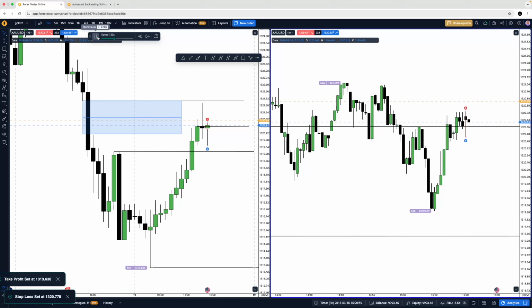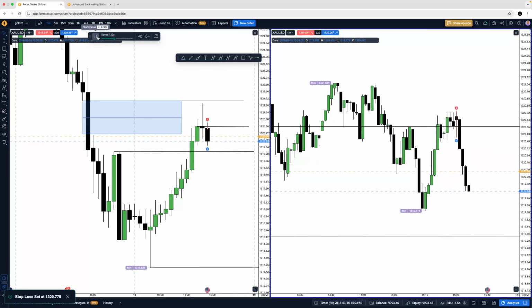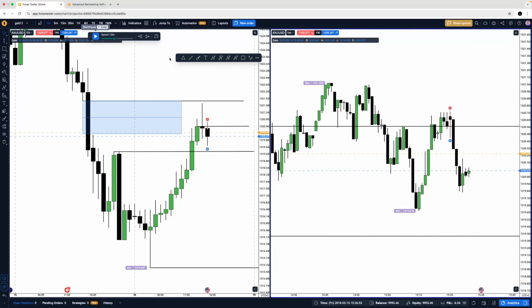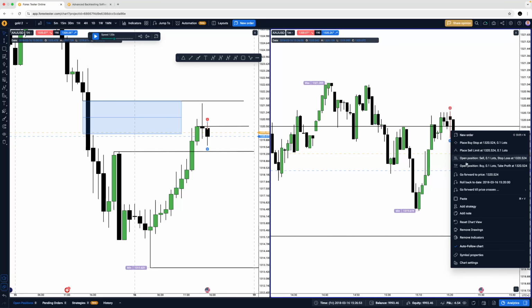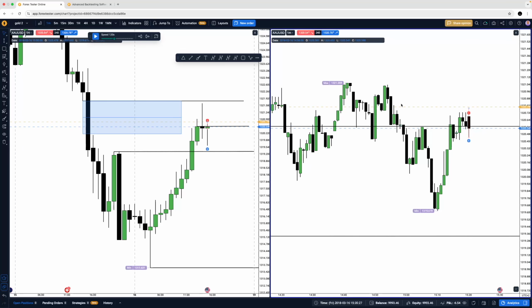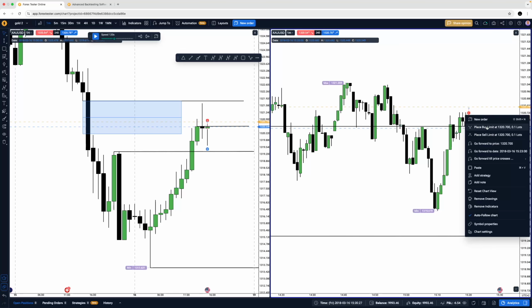So right now we can play it through, but the only problem is that this next candlestick stopped us out because our stop loss was very, very tight. The only problem that I see many people make is that they put their stop loss very, very tight. But if we roll back again and place the order with the stop loss and the spread size in mind, you can clearly see that this is the spread size. Let's place this order once more.